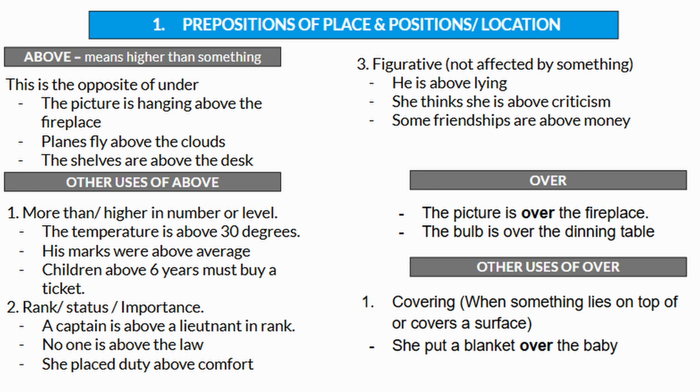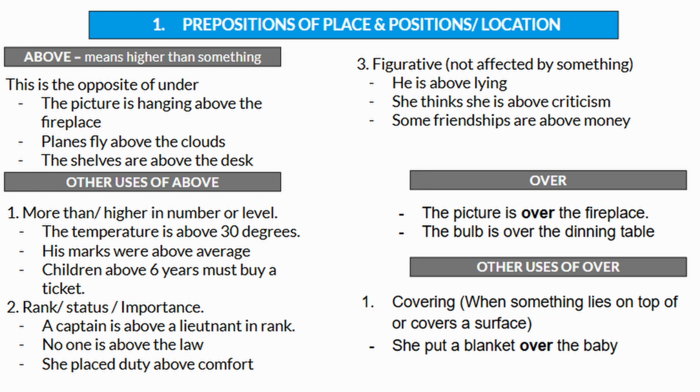Another preposition of place, over. The picture is over the fireplace. The bulb is over the dining table. Mostly we use the preposition over when something is above, not touching the surface of another thing. It is not the same with on.